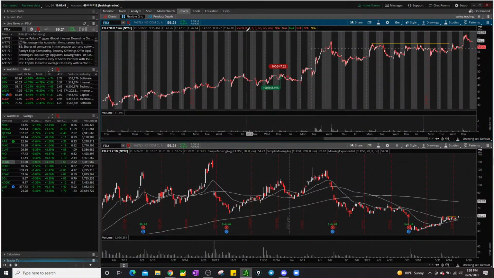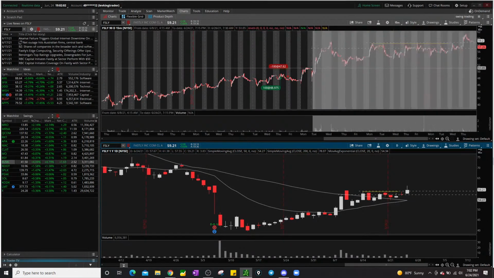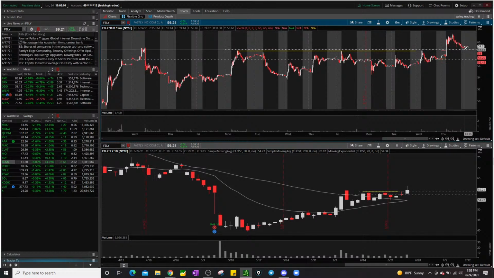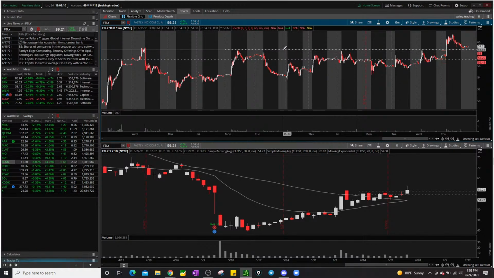As you can see, I tried to play this thing. It's tough. I had this level on FSLY, right? Yellow line right here. Today it triggered the breakout. Oh, look at that. We came back down to this area. Interesting. What I would do, guys, I would watch FSLY bounce here.